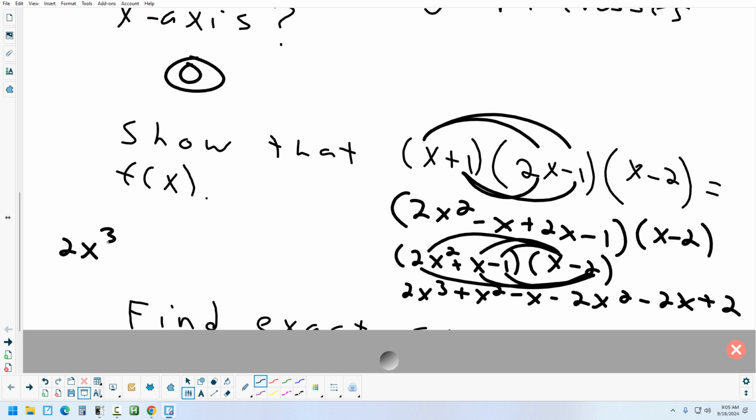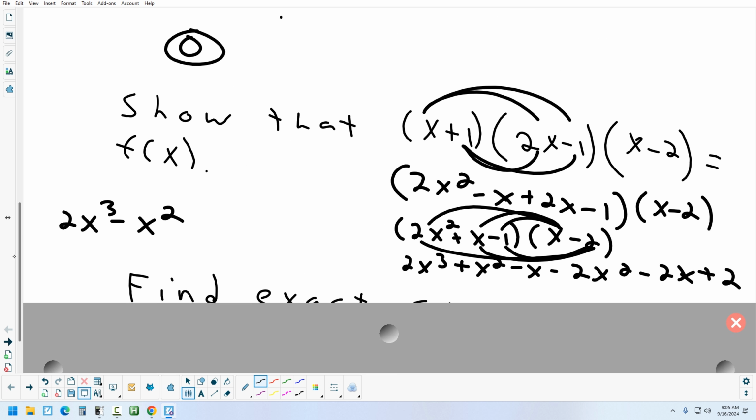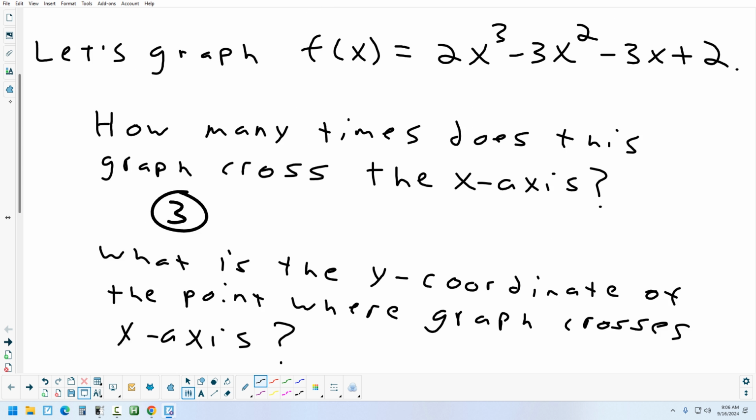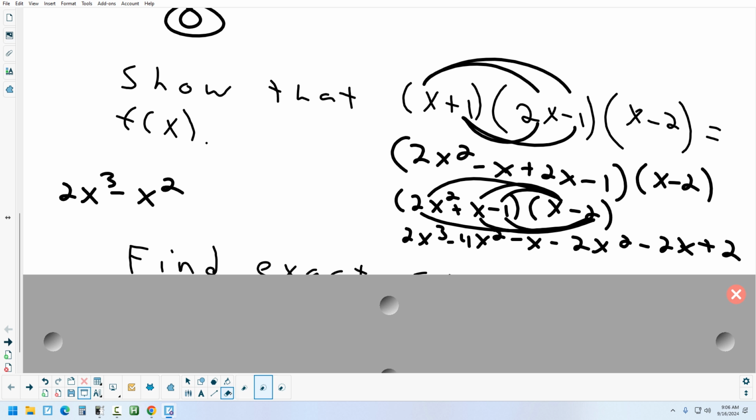So 2x cubed plus x squared minus 2x squared gives me minus x squared. Oh, I must have multiplied something wrong. Wouldn't it be minus 4x squared, because it's negative 2 times positive 2x squared? Yeah, thanks. So minus 4x squared. I'll just do that again because I messed it up.